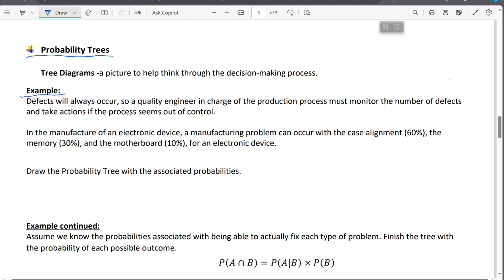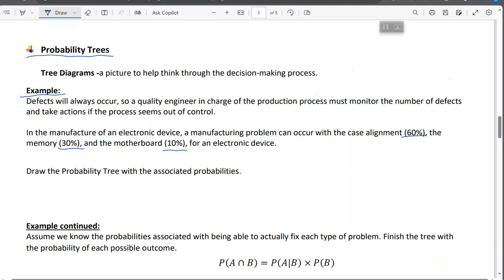It says defects will always occur, so a quality engineer in charge of the production process must monitor the number of defects and take actions if the process seems out of control. Based on the previous historical record, in the manufacturing of an electronic device, a manufacturing problem can occur with the case alignment, the memory, and the motherboard, and we also have their corresponding probabilities.